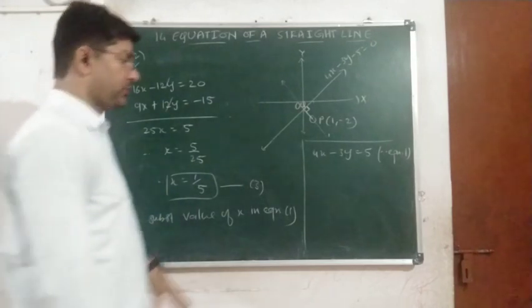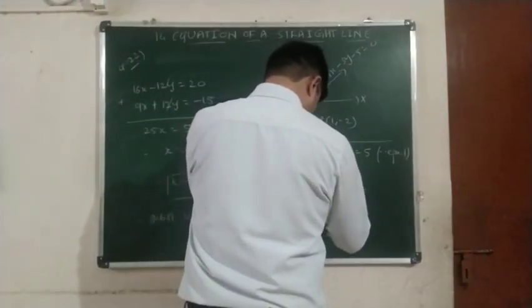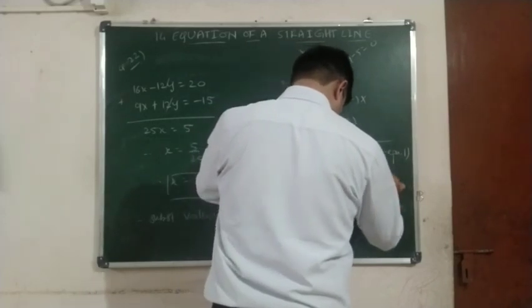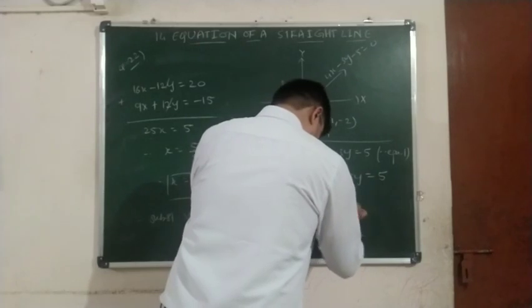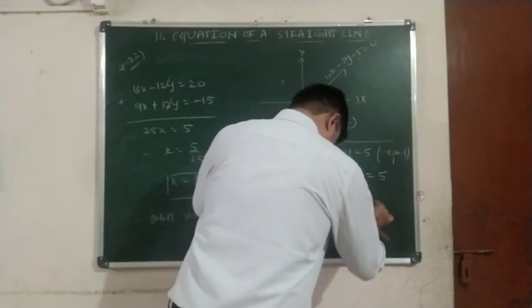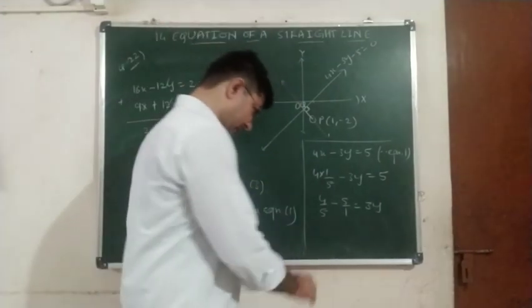For x we substitute 1/5. So 4 into 1/5 - 3y = 5. Therefore 4/5 - 5/1 = 3y. Therefore 25 minus 4.